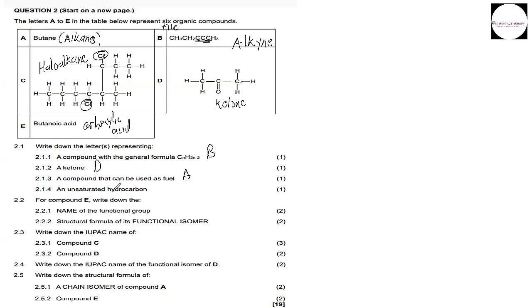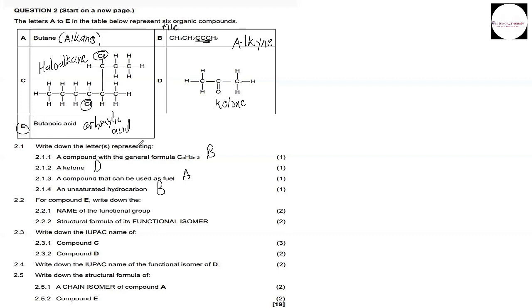2.1.4, an unsaturated hydrocarbon. We know that it obviously has to be B once again because it has triple bonds, right? And then, okay, now let's look at 2.2. For compound E, write down the name of the functional group.